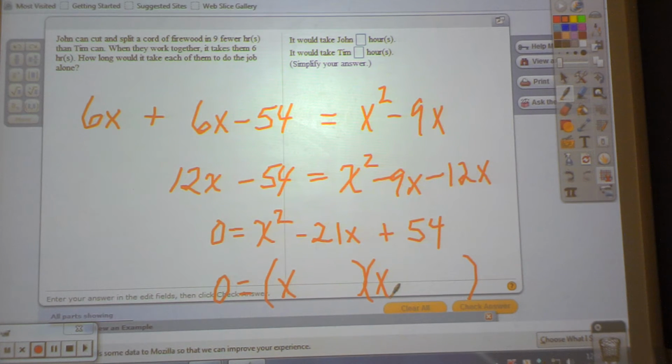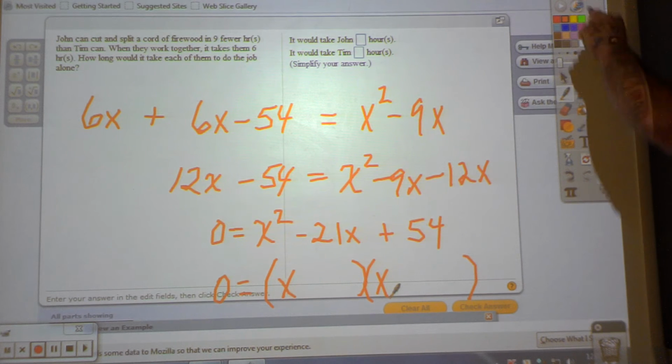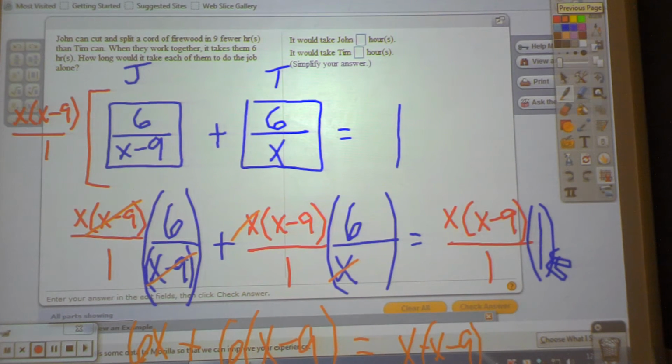Is there another multiple of 54? 6 times 9? We must have something wrong. We got to back up. Let's look and see if we got it set up right. X minus 9, x be 6.